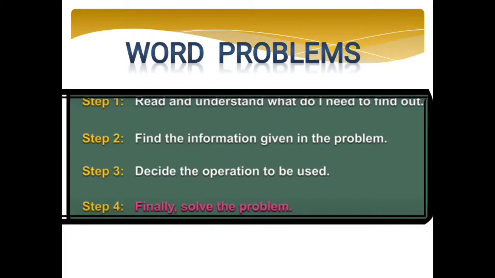As I told you when I started the chapter, keywords play a very important role. In 99% of word problems there are some keywords. With the help of these keywords, you can easily recognize, oh, this is a question of addition.